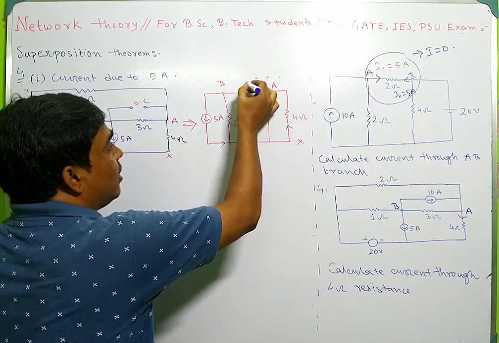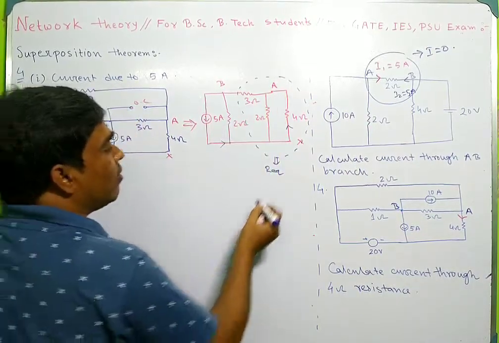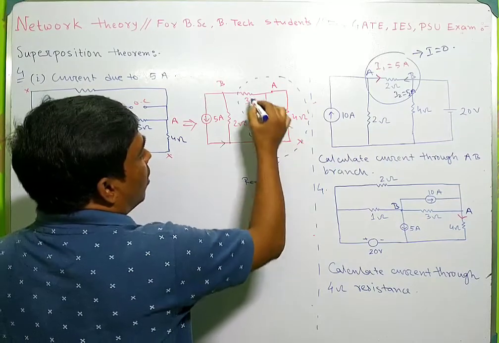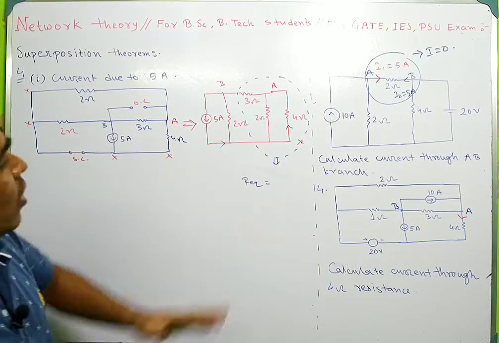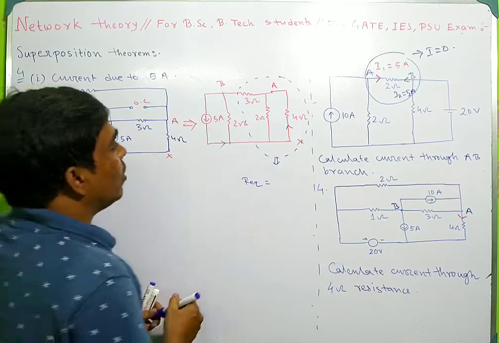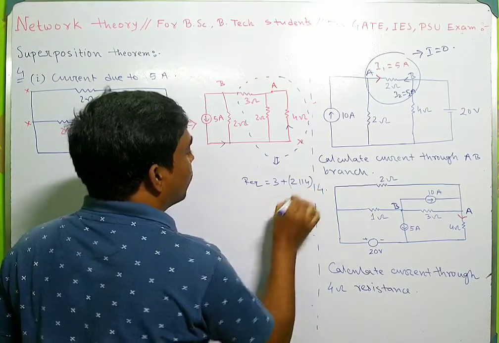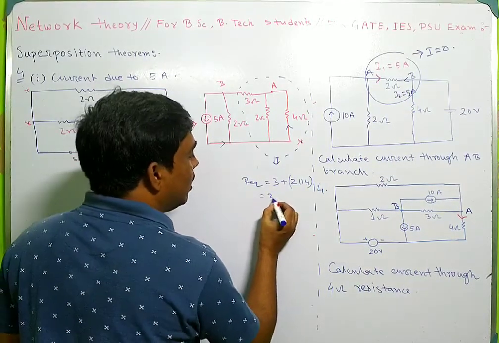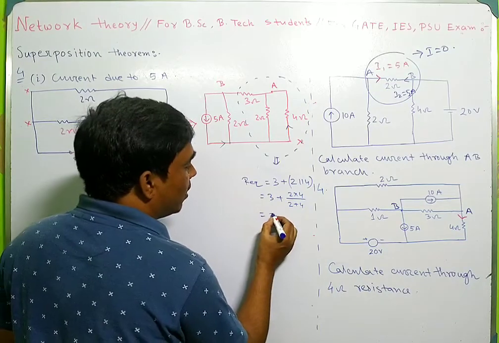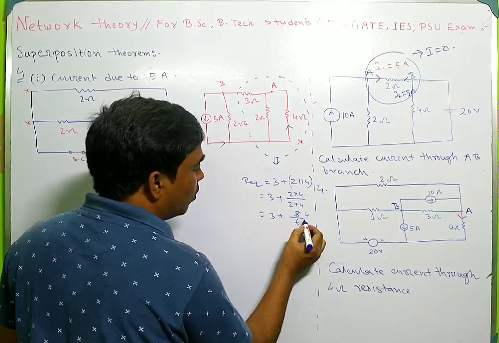For this portion, the equivalent resistance will be 2 parallel with 4, and that parallel portion is in series with 3. So it is 3 plus 2 parallel 4, that means 3 plus (2 into 4)/(2 plus 4), so 3 plus 8 divided by 6, which is 4 by 3.